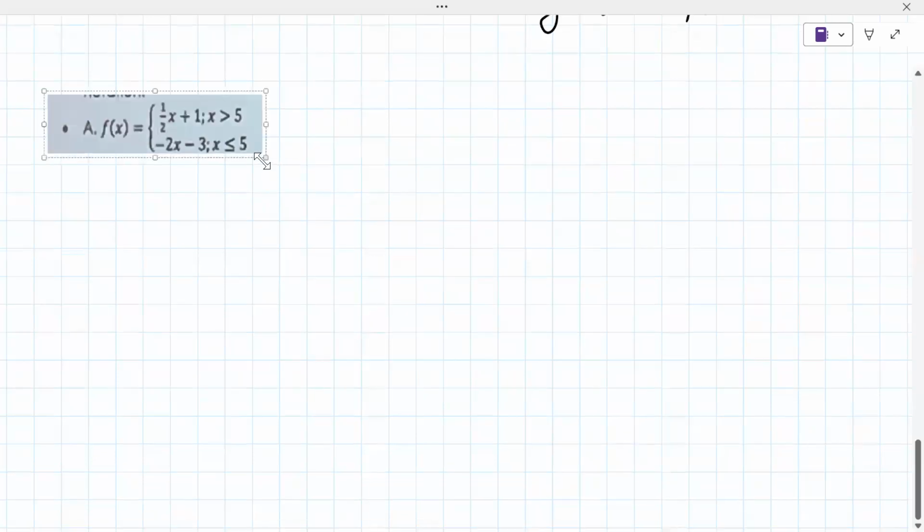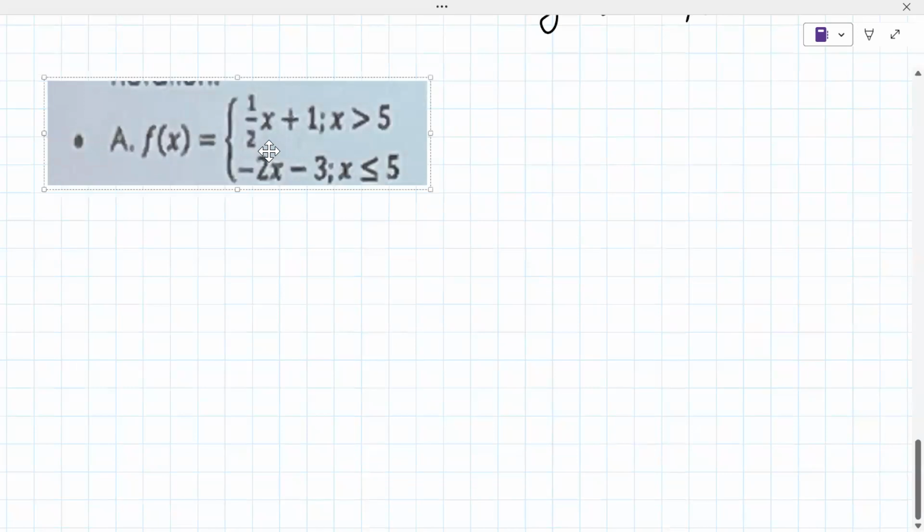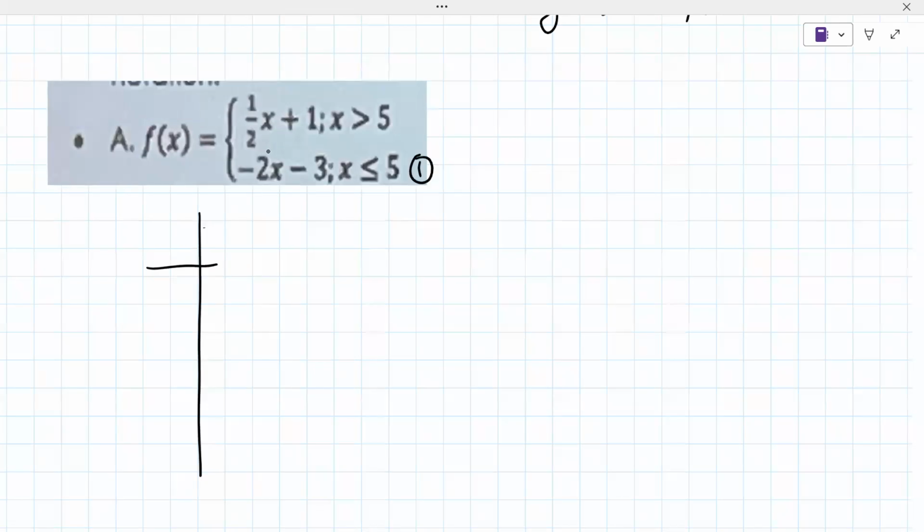The way I like to graph is making tables. I always start with the one that's less than, that's the way they're supposed to be written. So X and Y for that one. You start at 5, and you go down a couple of points, like 5, 4, 3, and get your value of Y by putting those into the function.